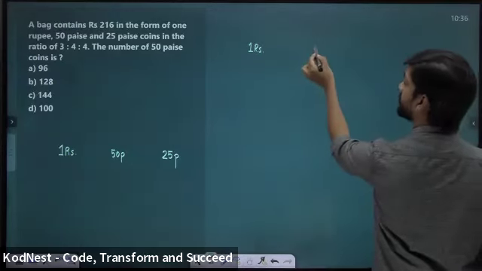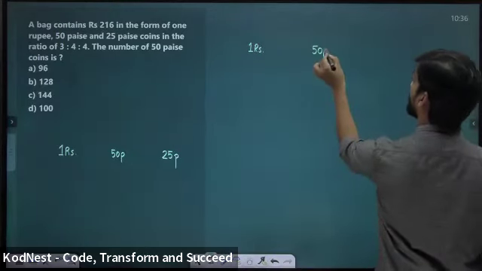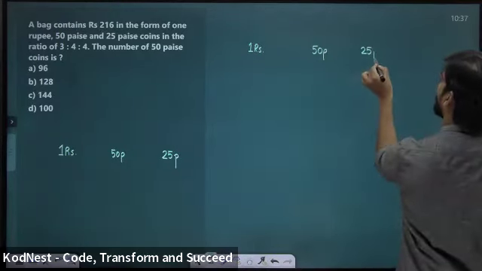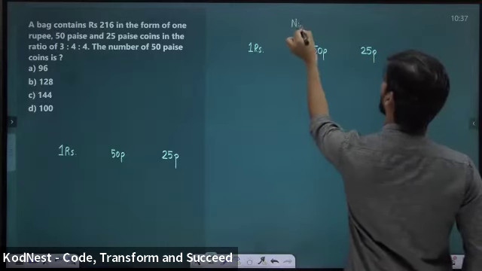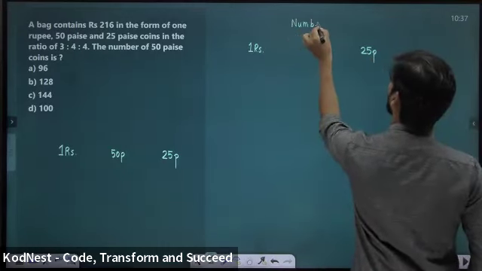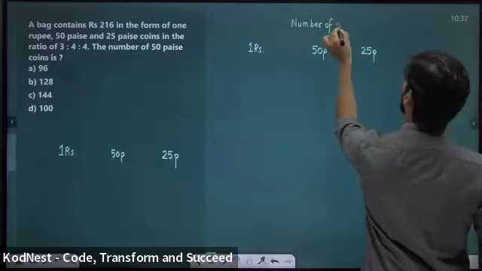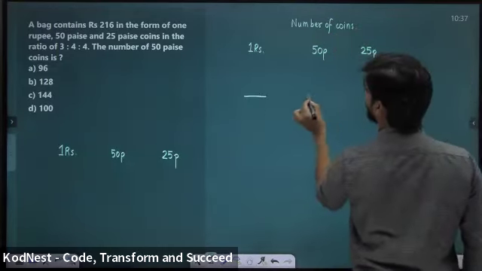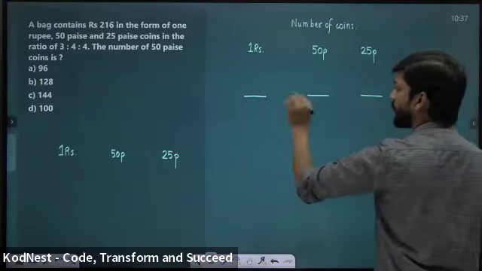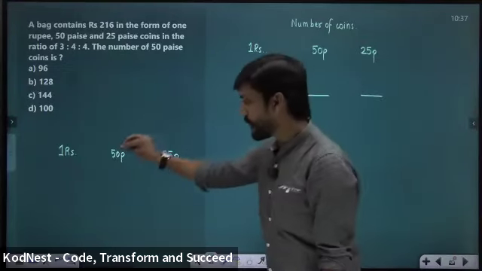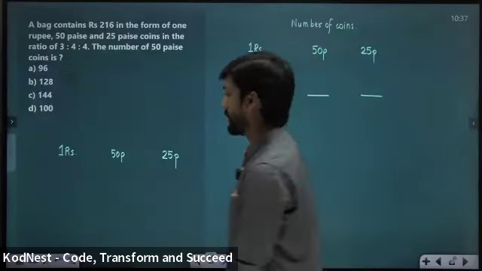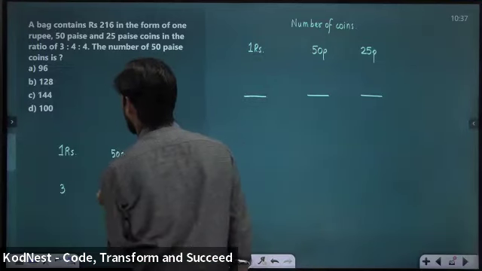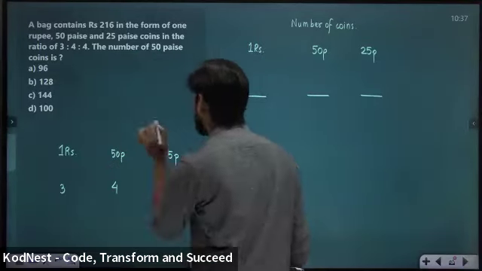1 rupee. Number of coins: I don't know the number of coins. I know the ratio of the number of coins. That is 3, 4, and 4.